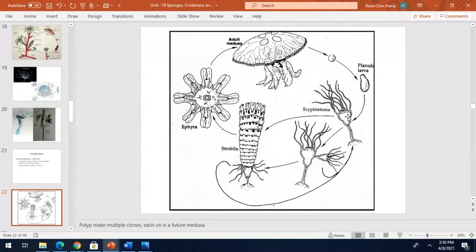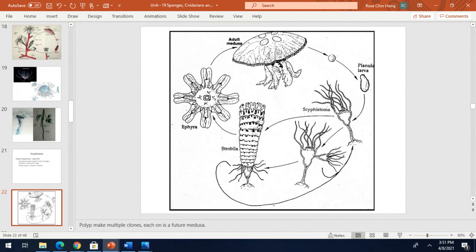This kind of thing looks like, I don't know, a champagne glass with things sticking out. And then from here, it will make what's called a strobila, where it's stacked up with ephyra. As it makes them, it keeps pushing them up and up and up.